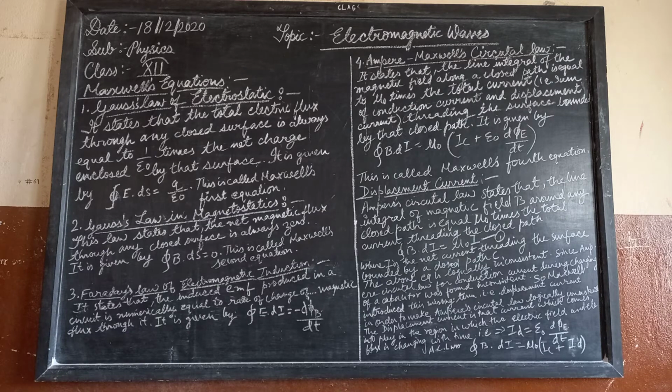So this is the modified Ampere's circuital law, given by the line integral of B dot dl equal to mu 0 (IC plus ID), where IC is the conduction current and ID is the displacement current.